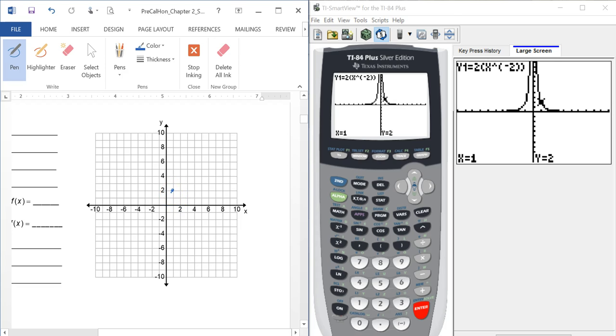So in trace mode, type in the number that you want. Now when x equals 2, type 2, enter. x equals 0.5. And it obviously is going to be totally symmetric here. And the rest, you know you have an asymptote on the x-axis.